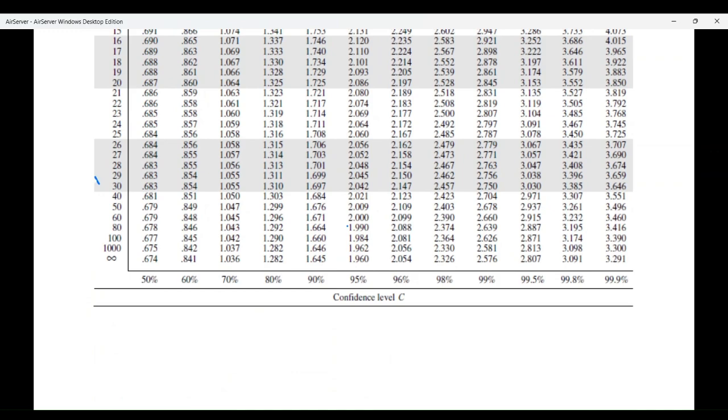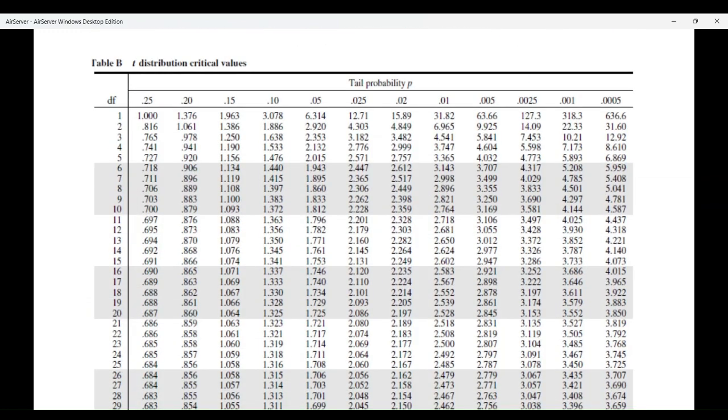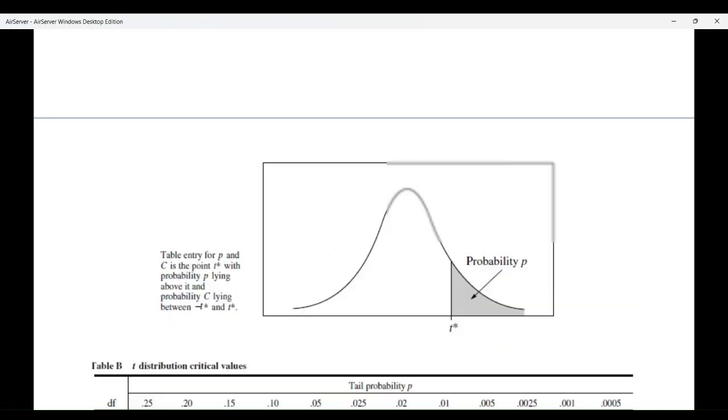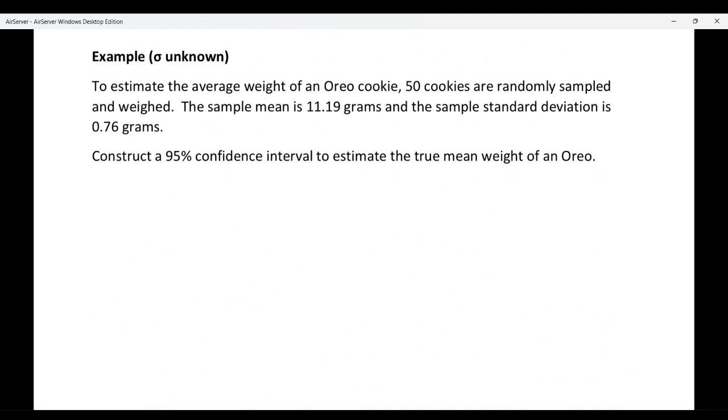All right, so let's take a look at an example then where we don't know the standard deviation for the population, and contrast that with the one that we did earlier where we did know. So we're going to use the exact same example that we did before, and we're going to randomly sample 50 Oreo cookies. We've got the same sample mean.